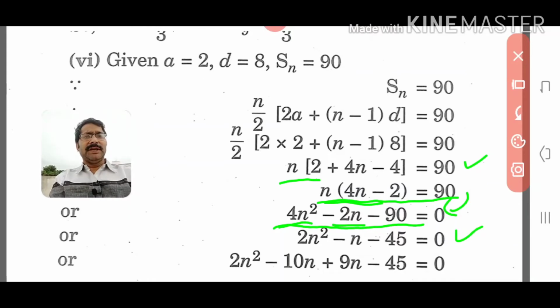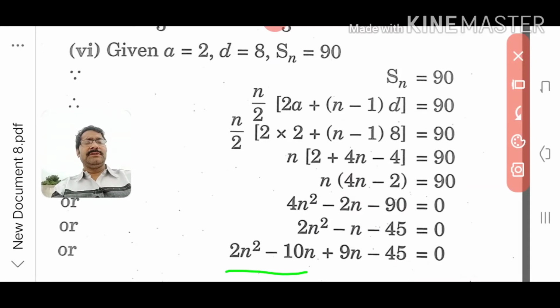Now you have to do the middle term splitting. Multiply 2 and 45 to get 90, and the difference is 1. So you get minus 10 and plus 9. Minus 10 and plus 9 is minus 1, and minus 10 times 9 is minus 90. So the middle term splitting gives 2n square minus 10n plus 9n minus 45 equal to 0.